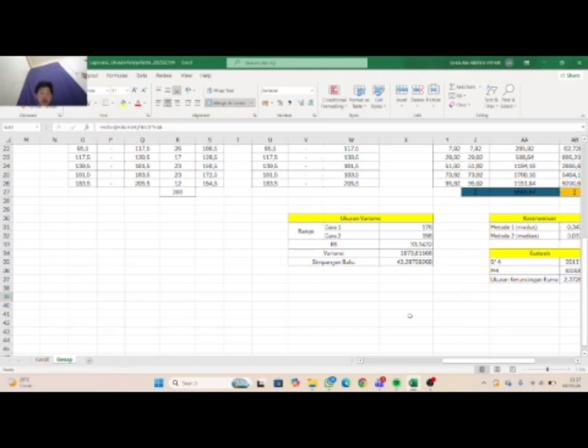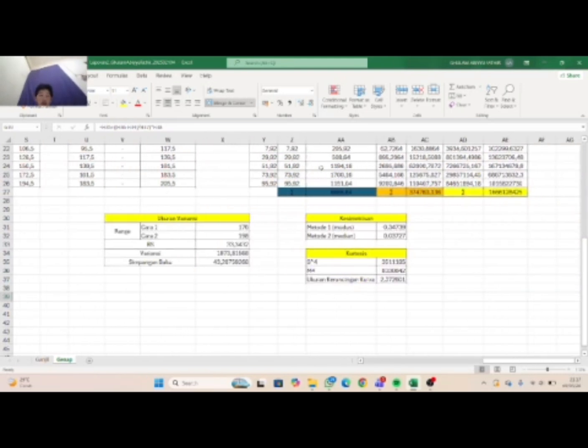After summing all the values, the result is divided by the total data. After obtaining the variance, the next step is calculating the standard deviation, which is the square root of the variance. This value is used to determine how far the data separates from the average value.